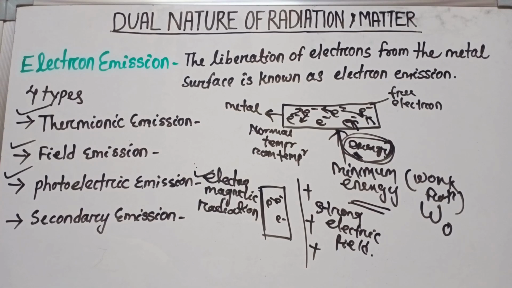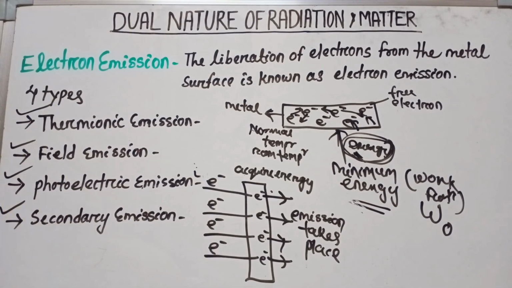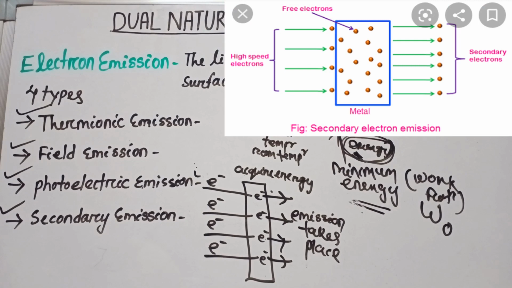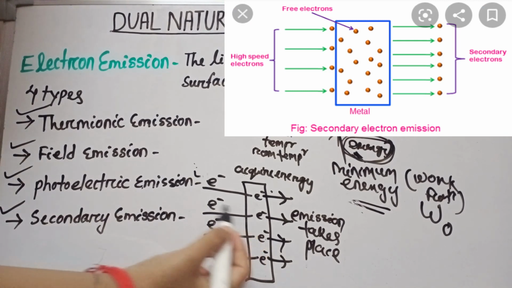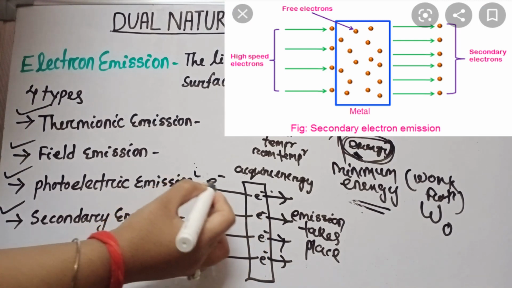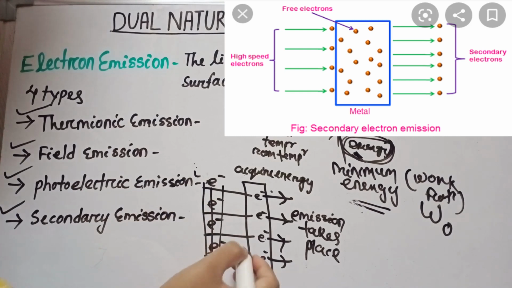Next, we discuss the last one, secondary emission. What do you mean by secondary emission? See the diagram. This is the fast moving electron beam.